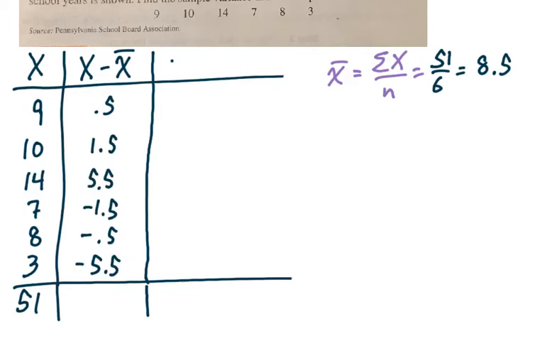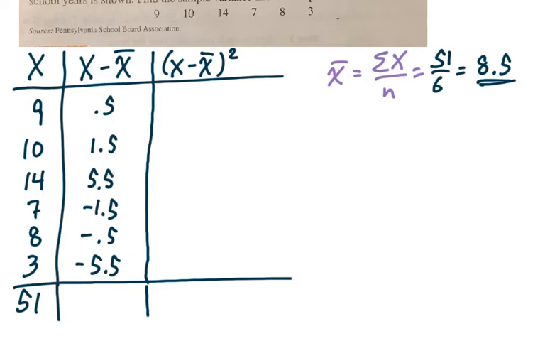We take all of these differences. The first is 9 minus 8.5, which gives us 0.5. 10 minus 8.5 again gives us 1.5, and so on and so forth. Notice all of those positive values are also balanced out by their negative values.